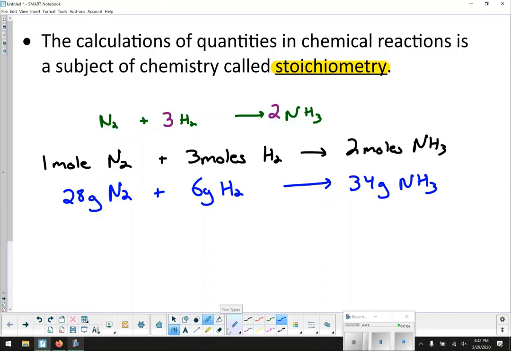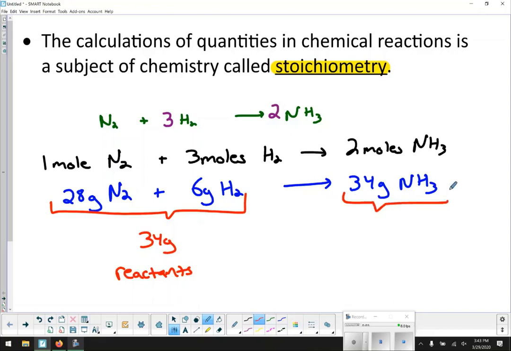And there's something very important happening here. Those of you who are paying attention and being clever might have already figured out we have 34 grams on the reactant side, and obviously 34 grams on the product side. We cannot create or destroy matter. I've said this many times in class.